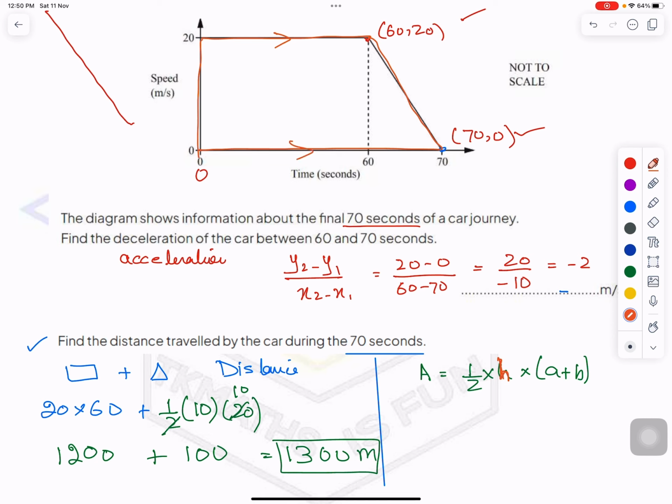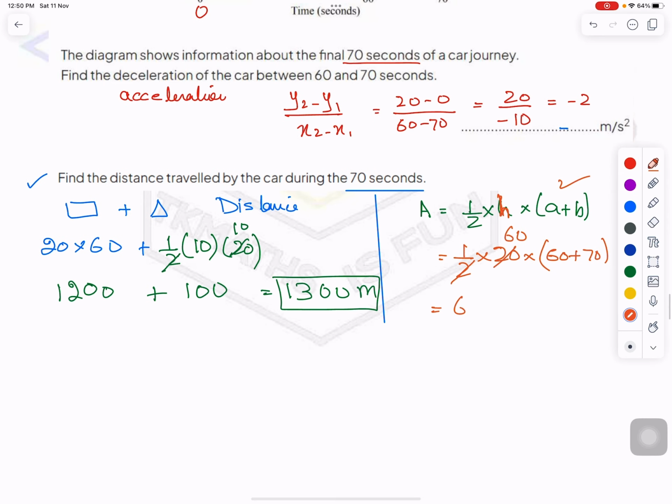This one and this one are parallel lines. So what is my height? 20. So I will write half into 20 into, now the parallel sides are A and B in this formula. This is 70, the bottom one, and this is 60, I know from here. So 60 plus 70. So what will it become? So what is my answer? Oh, sorry, it's not 60, it's 10.